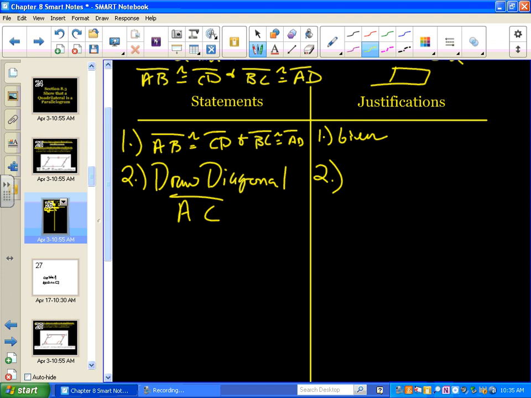Auxiliary line. No, it's not a definition. Auxiliary line is not a justification. Well, actually, Keegan just said it. That's why I was calling on him. What's the justification? Definition of a diagonal. Very good. The extra line is an auxiliary line, but that's not a justification.